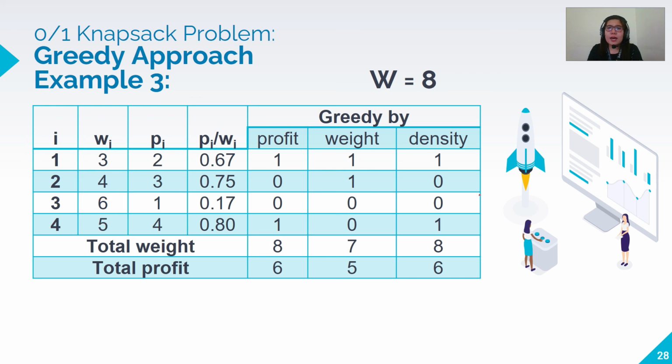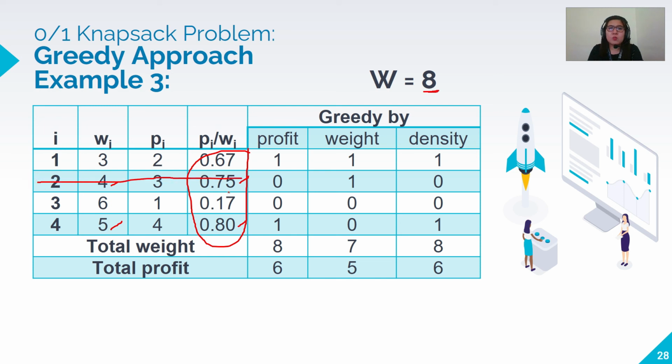And lastly, we have greedy by density. I will get for the largest profit density. So, we have 0.80. So, ito yun. We have 5 as the weight. Susunod, we have 0.75. And the weight is 4. So, if we'll add 5 plus 4, that is already 9. So, it exceeds here. So, this will not be included.